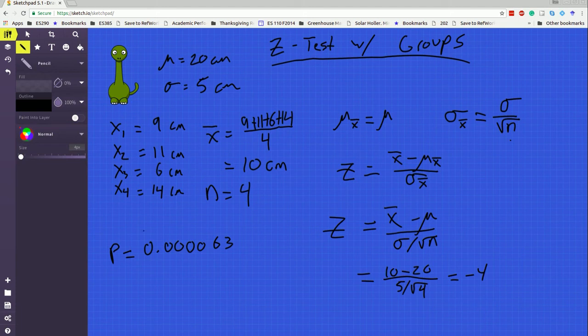Okay? The process that we just went through is called a z-test, and to distinguish it from the hypothesis test and the z-test that we went through in the last video, we're going to call this a z-test with groups. And in the next video, we'll look at how to carry out calculations like this and calculate a p-value with actual data sets in Microsoft Excel.